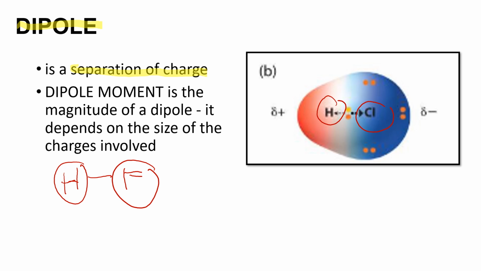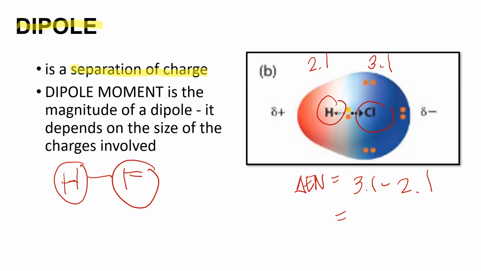Chlorine here has an electronegativity of 3.1 and hydrogen has an electronegativity of 2.1. So when we compute for the electronegativity difference, again, it is 3.1 less 2.1.